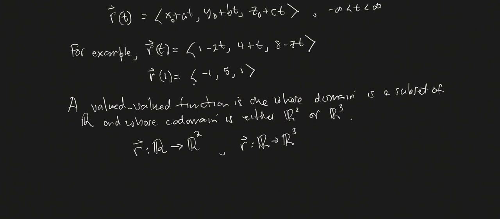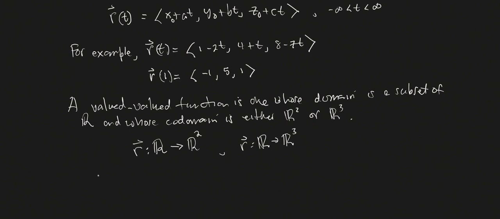And what we're going to be doing over the next few videos is expanding this idea. What if the components aren't linear anymore? What do we end up with, right?